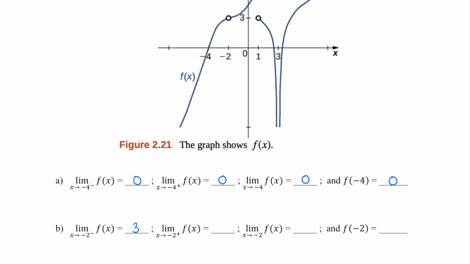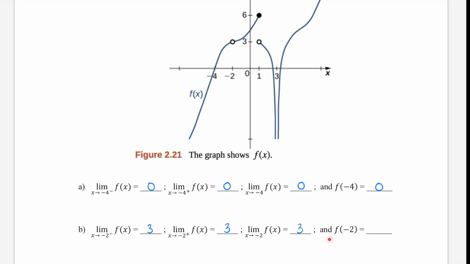So the right-hand limit is also 3. To find the limit of f of x when x approaches -2, we look at the left-hand limit and the right-hand limit. They both equal 3. So the limit of f of x when x approaches -2 is 3.